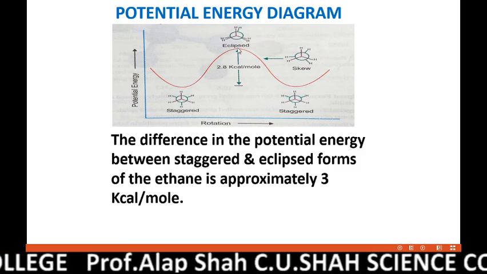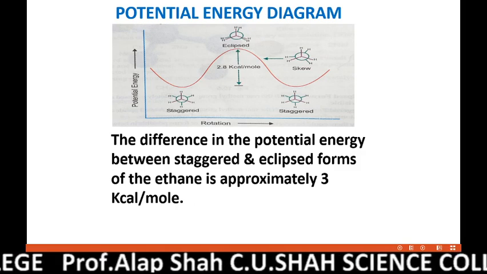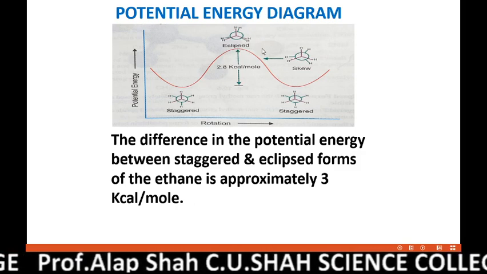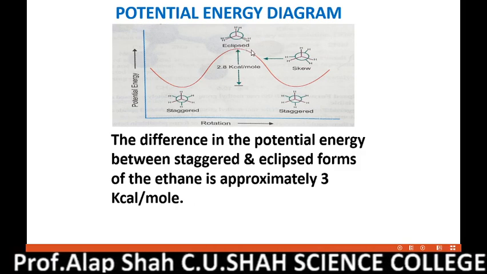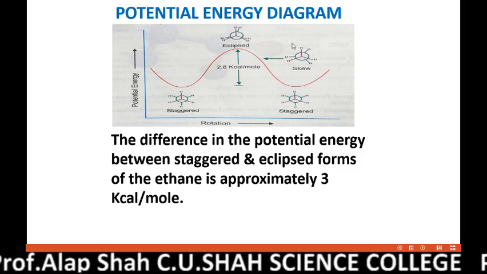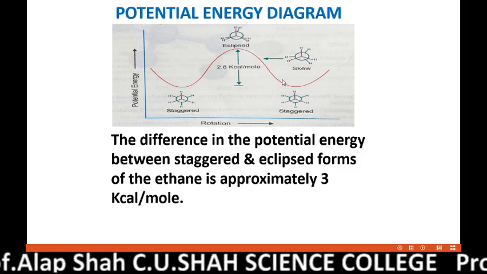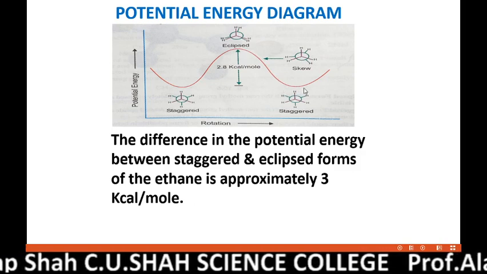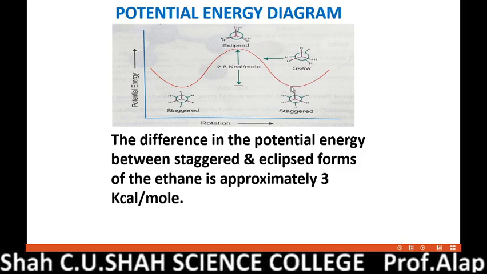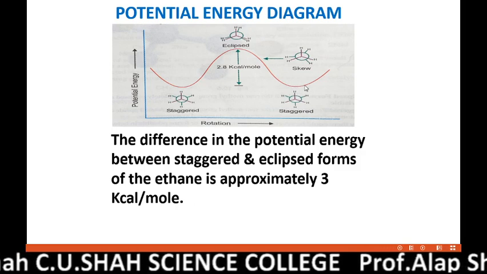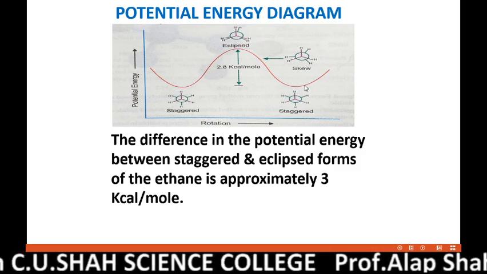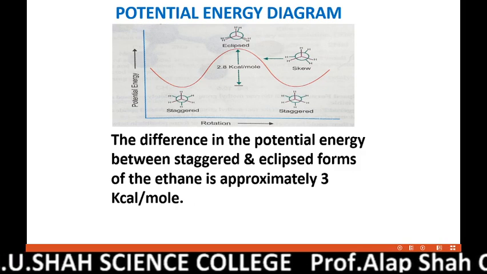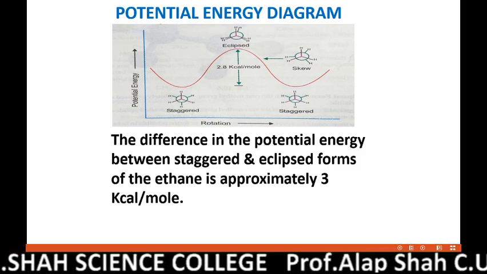Again, we start rotating the molecule from eclipse, passing through so many skew conformers which are shown over here. At 60 degree again, we get the staggered conformer. Again the energy is least and it is most stable.